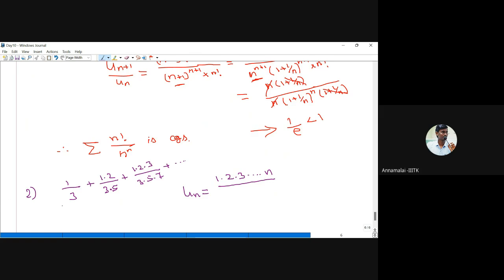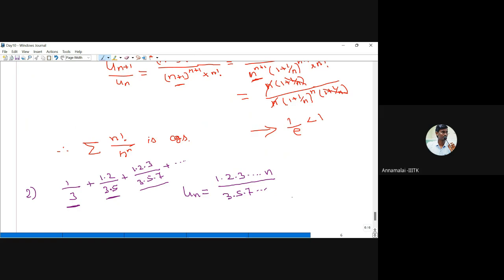Now what is the denominator? Look, the first term's denominator is the first odd number bigger than 1, a product of one number. Here it is a product of 2 odd numbers, and this is 3 odd numbers, 3 into 5 into 7 into etc. Actually, 1 is also an odd number, but 1 is missing.